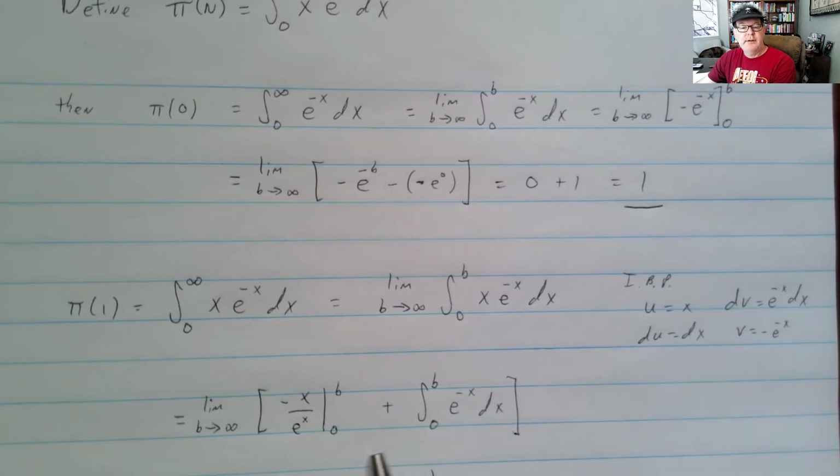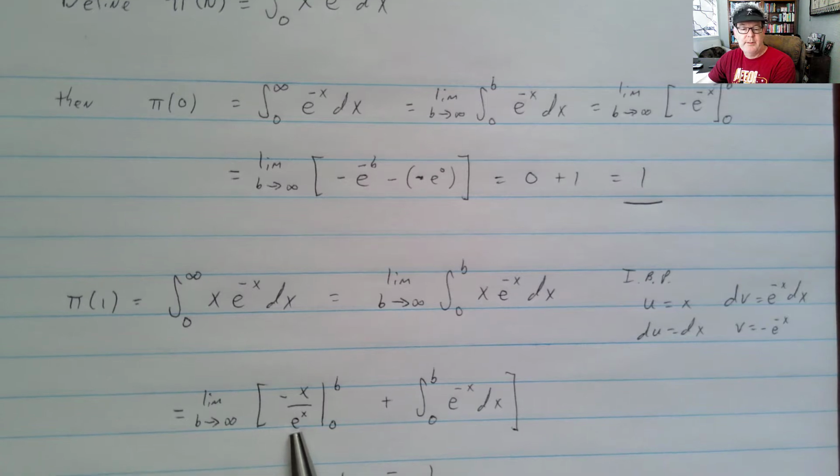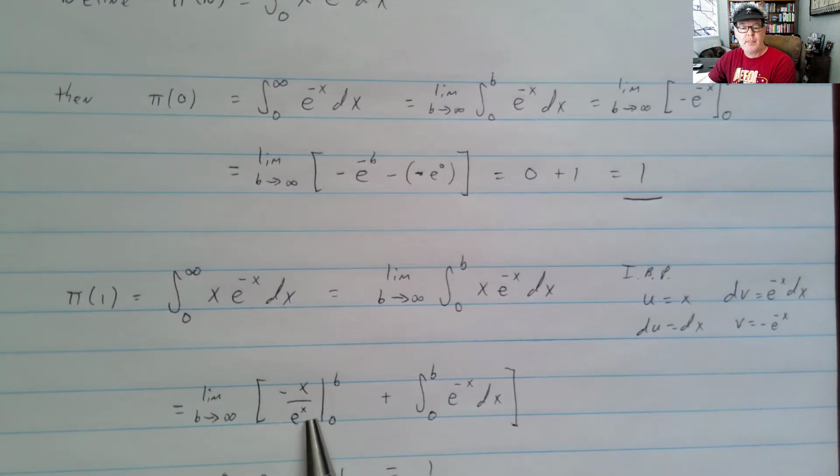And so the integral will be uv, which will be x times e to the negative x, negative e to the negative x. And I'll put the e to the negative x in the denominator as e to the x. And then we'll evaluate from 0 to infinity, or limit as b goes to infinity.